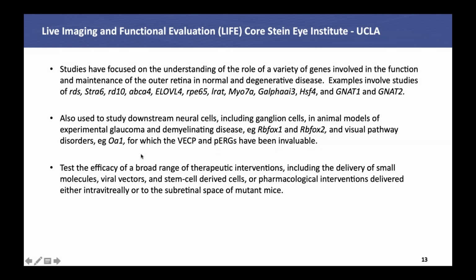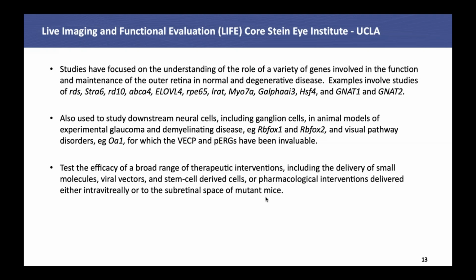In addition, we've been working on visual pathway disorders like ocular albinism, the OA1 gene that is responsible, in part, for ocular albinism. And for these studies, we've been using heavily the VEP and pattern ERGs, and they have been invaluable.